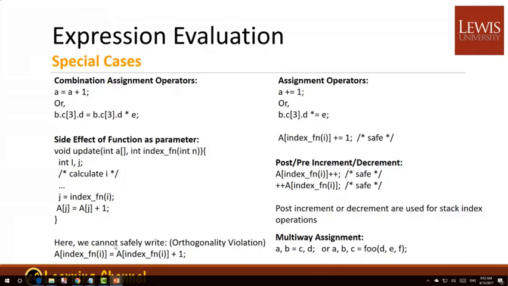And here we cannot simply write it with orthogonality because this function is changing. It doesn't bind to the same function. So this statement actually is not safe. It is violating orthogonality because we never know whether it returns a boolean or an index value or what, because the function can always be passed with different values.